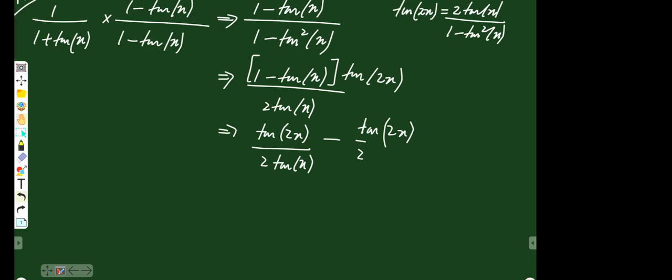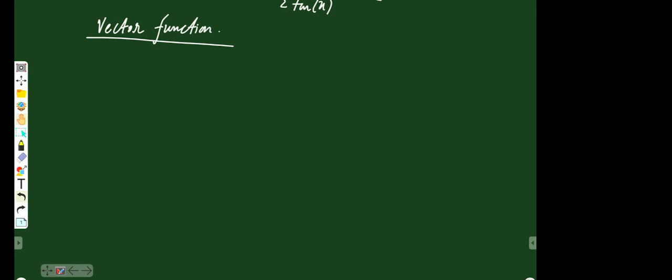Now we will go into our basic thing here, right? The lesson today, vector function. This is very important. So we'll understand vector: v vector is equal to xi plus yj, right?